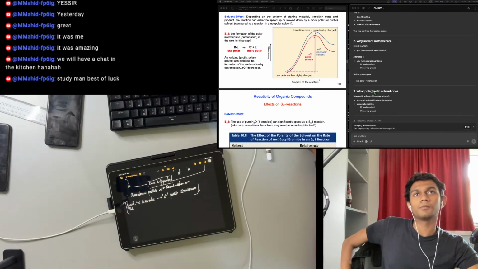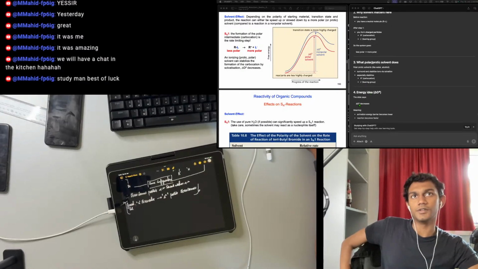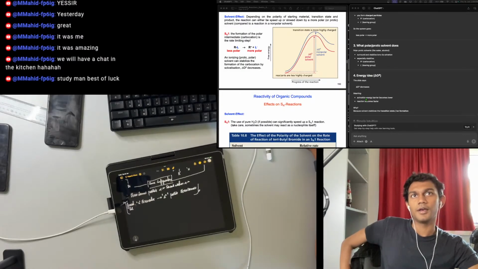This is what the polar protic solvent does. Polar protic solvents like water and alcohol surround and stabilize ions through solvation, which lowers the activation energy.